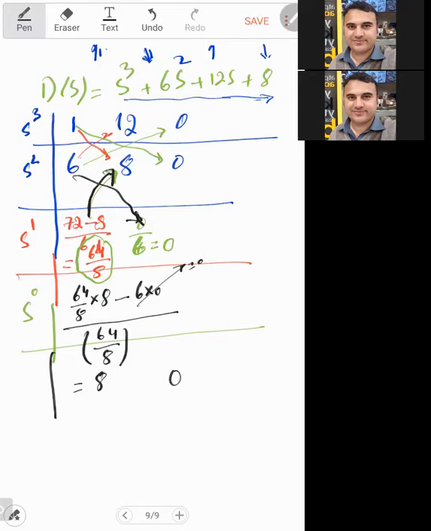So this is how we create the table, and we will use this procedure to create the table in the coming sections as well. You should practice on this one, and once you practice, you will easily understand the table.